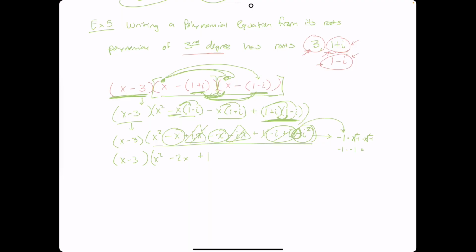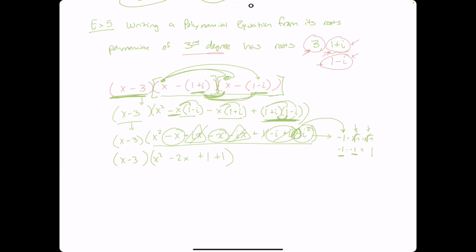The i squared is negative 1, so negative 1 times the original negative 1 from outside gives you a positive 1, right? So I still have a positive 1.